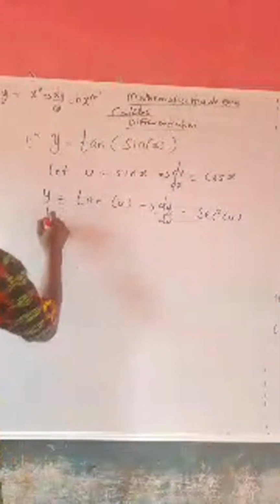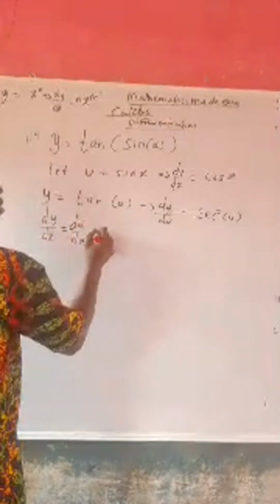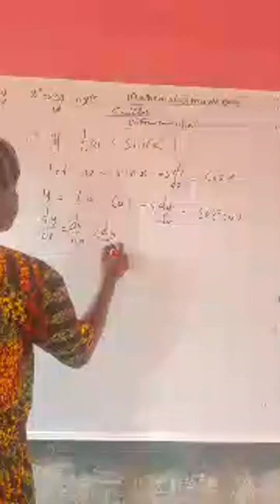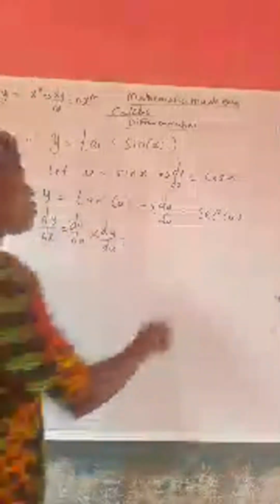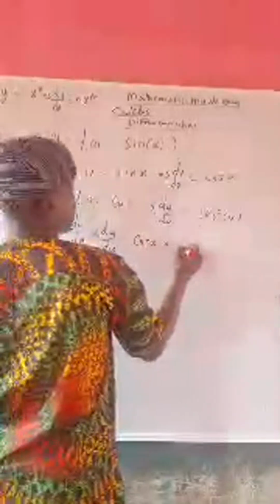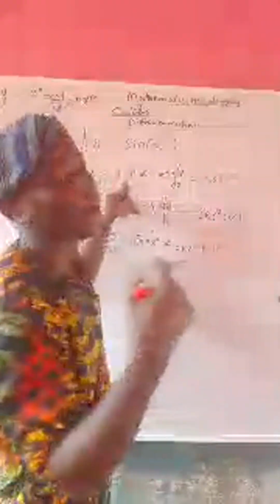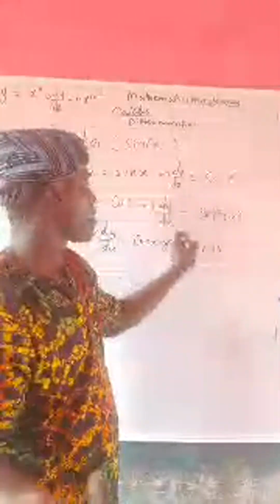Then we said dy over dx equals du over dx multiplied by dy over du. So du over dx is cos x, then dy over du is sec squared u. And remember, u is sine x, so you have to input back the original function of u.